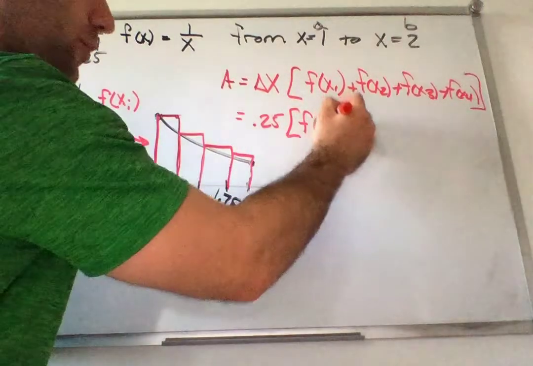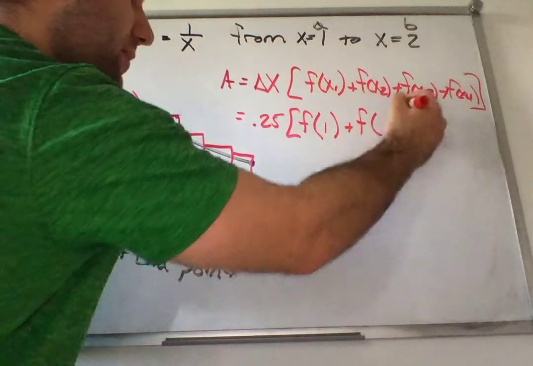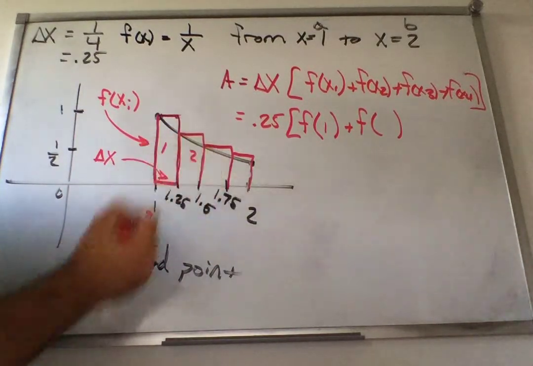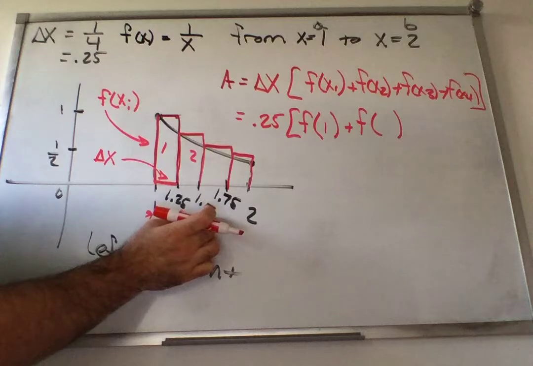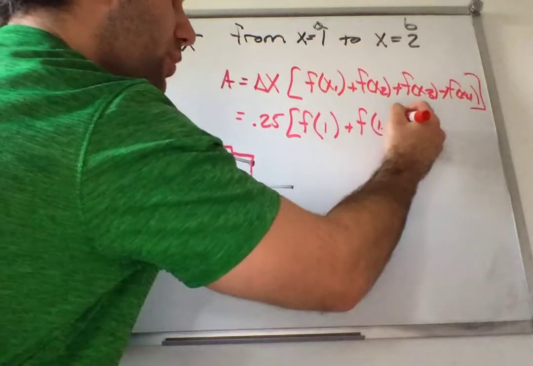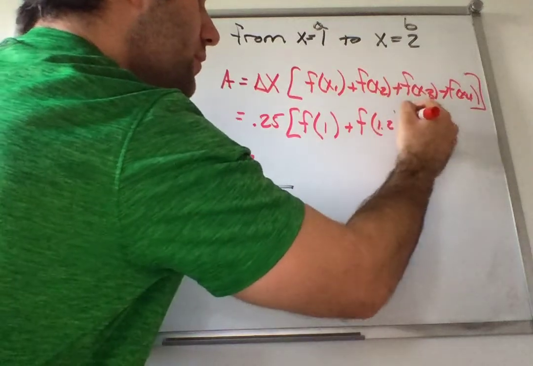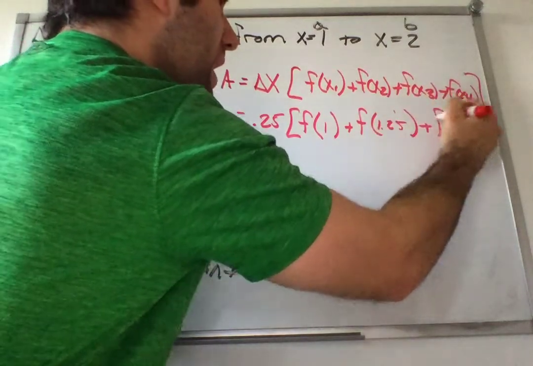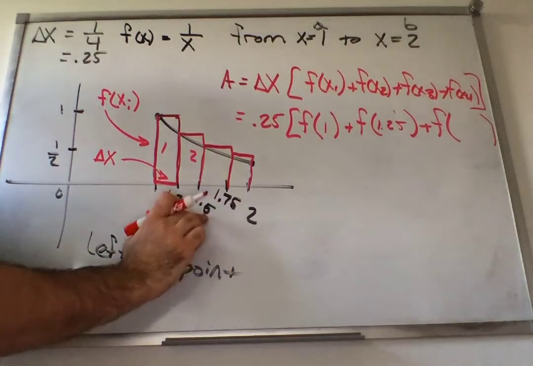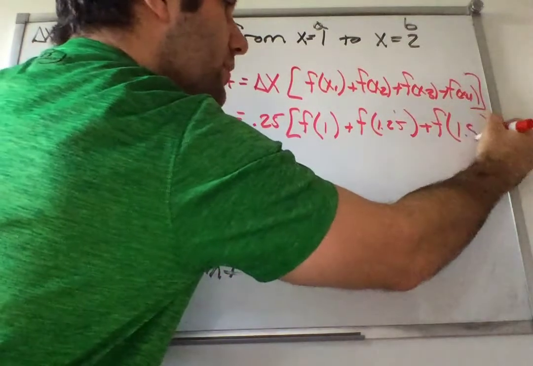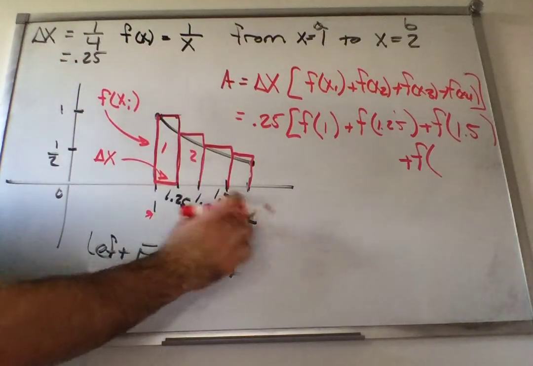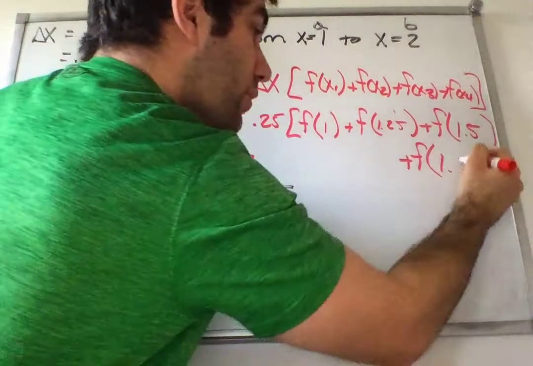So this is f of 1 plus f of, for the second rectangle, out of these two we pick the left endpoint, so f of 1.25, plus f of, out of these two, we pick the left endpoint, which is 1.5, plus f of the left one out of here, which is 1.75.